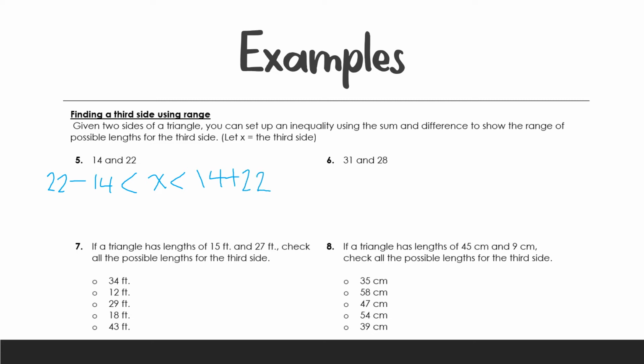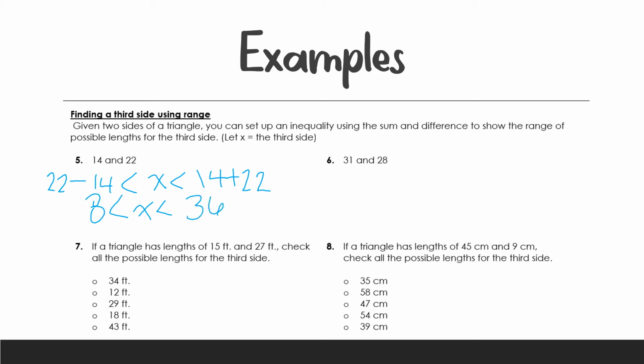Okay, so on the left side, when you're doing 22 and 14, you're assuming that those are the longest legs of the triangle, and 22 minus 14 is 8. On the right side, we're assuming that those are the two shortest legs of the triangle, and so 14 plus 22 is 36.